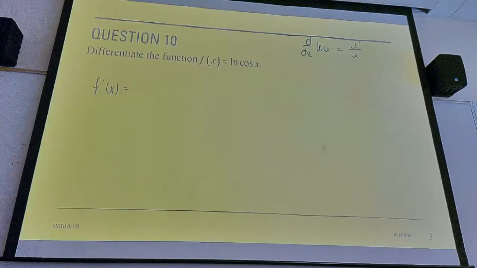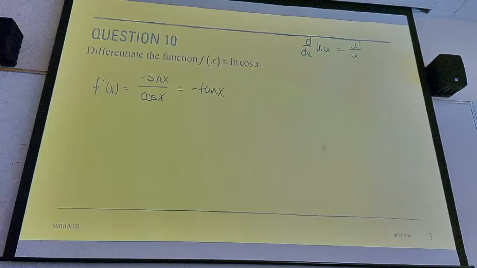So we know that's going to be the derivative form. What kind of function is u? Cos. What's the derivative of cos? Negative sine. Oh, wait, it's negative 10.